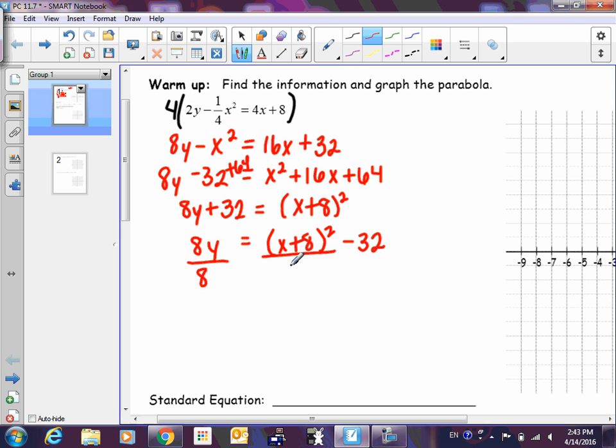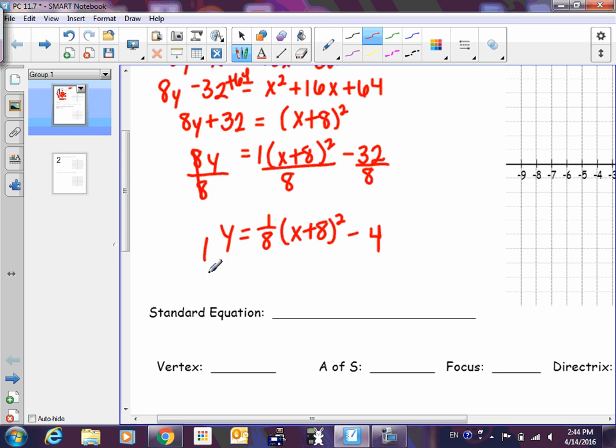Divide by 8. The more you do this, the easier it's going to get. The first few times you see it, really weird, and it gets easier. So how am I going to write this as just a single number out in front of 1/8? Because this is like a 1 over 8. And this is going to be 4.